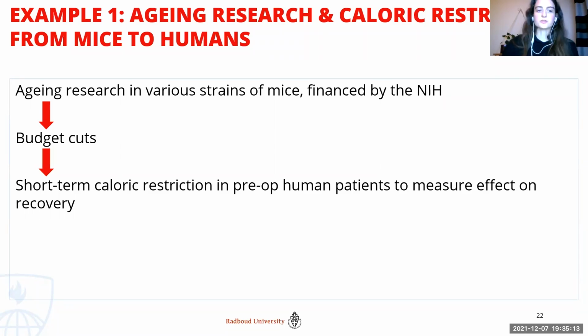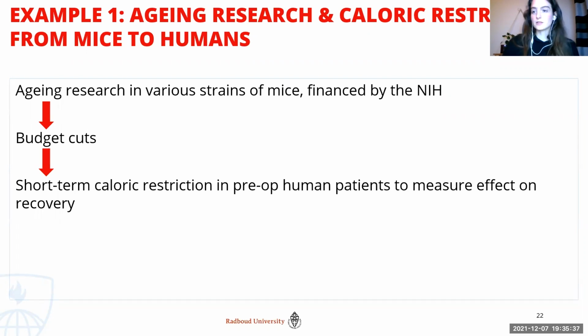And they looked at short-term caloric restriction in humans, I think it was a few weeks or maybe even a few days before surgery, and then to see what effect it would have on the recovery. So the idea being that caloric restriction before the surgery would then lead to faster recovery after the surgery.